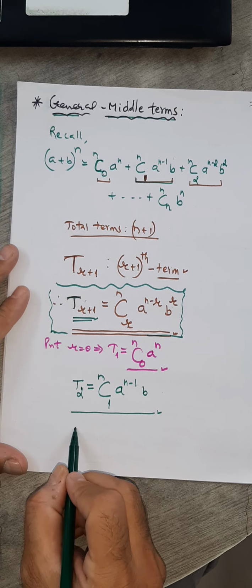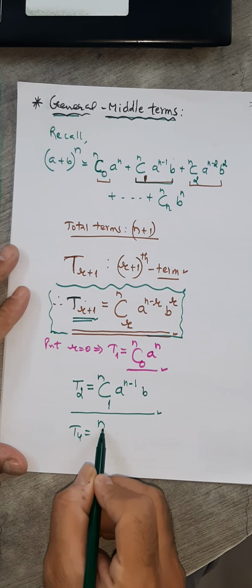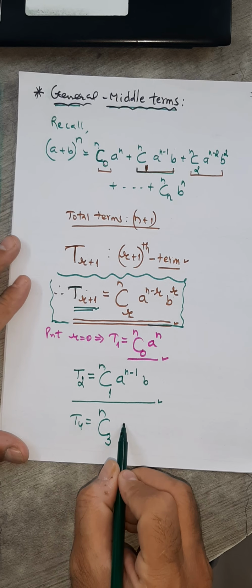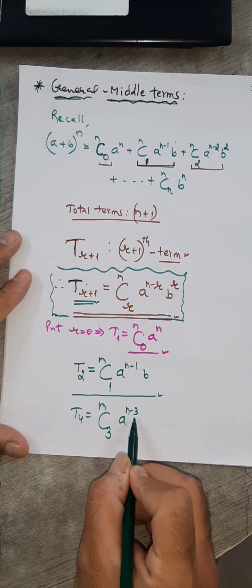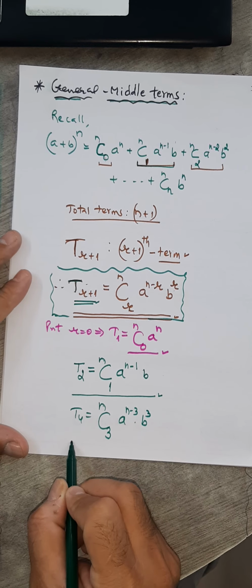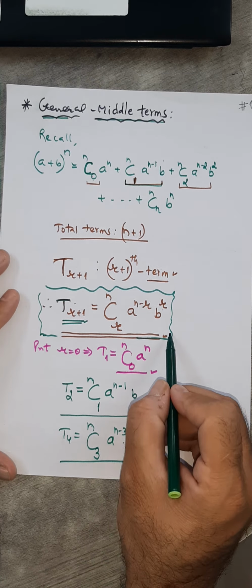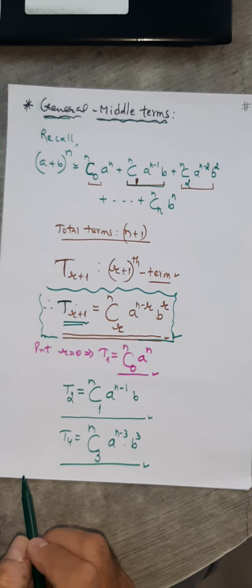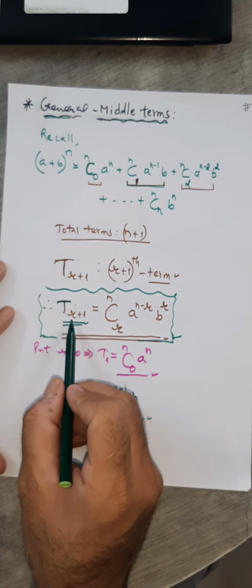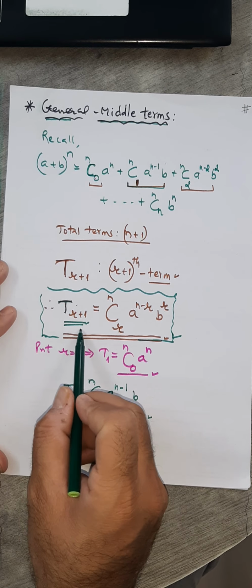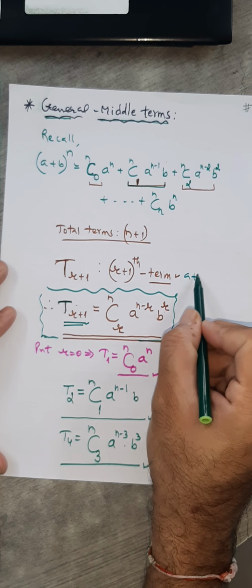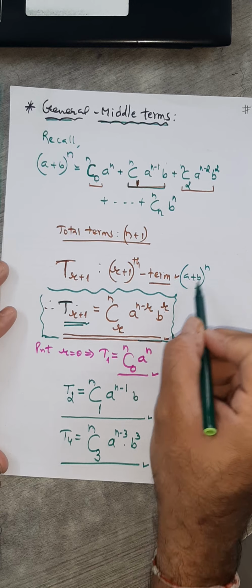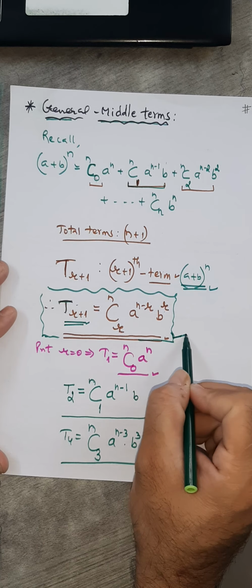If I'm writing, for example, T4, then I must have nC3 into a raised to n minus 3 into b raised to 3, remember, that way. Fine? So we'll use this to find any term of the given binomial expression. This is the r plus 1 term in the expansion of (a + b) raised to n. So one is this formula.